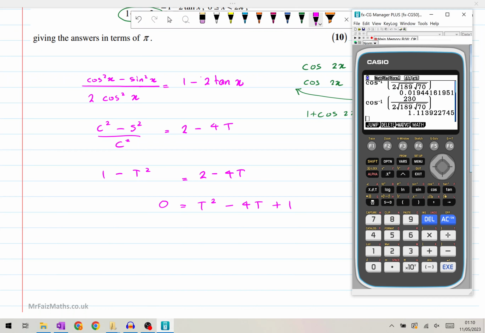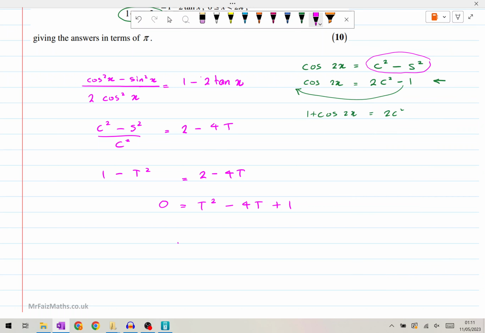So I'm just going to put this into the calculator here. If we go polynomial degree 2, and substitute 1, minus 4 and plus 1, this gives us 2 plus or minus root 3 in exact form. So we can say that therefore tan x must be equal to 2 plus or minus root 3.